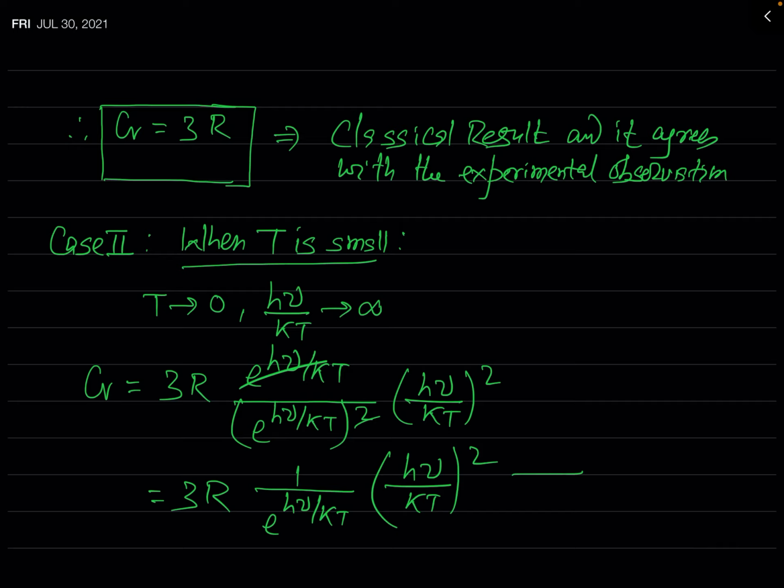And let us consider this equation. Let us say this is equation 1. But now we will simplify a little bit the RHS of this equation 1, that is the value of Cv which has been defined in this equation 1. We will simplify it to some extent, and for this we will simply expand this exponential function e raised to the power hν/kT. So see it here.